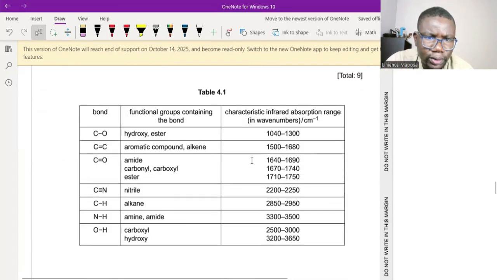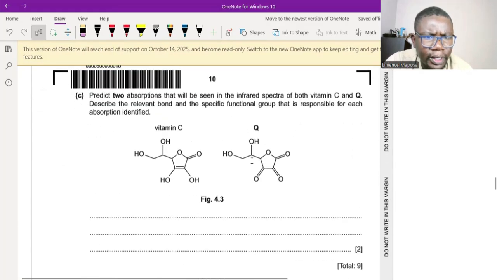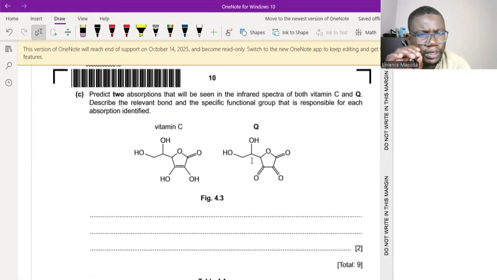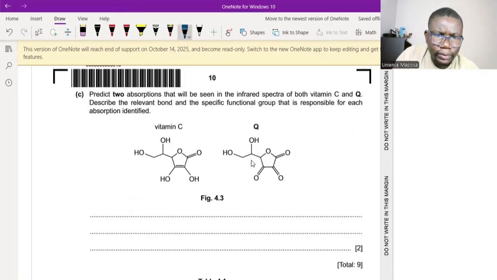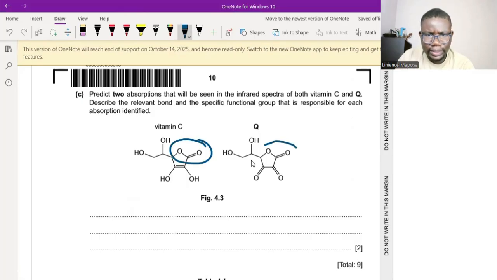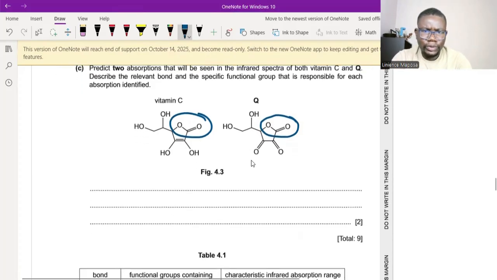Okay, so we need two. Number one, we are going to see the OH absorption peak. And the other one that we will see is this ester one here. This is a cyclic ester. And then we have the alcohols. So that's what I'm going to talk about.